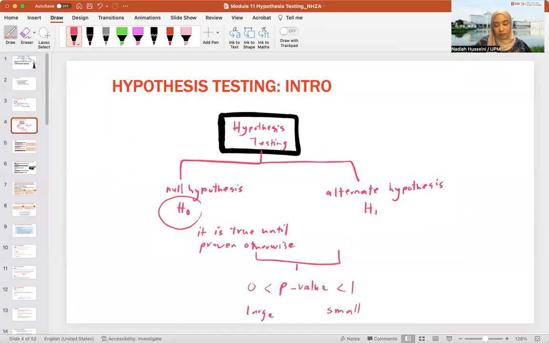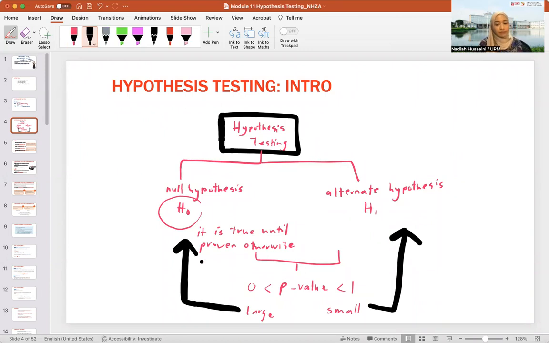Okay, so if my p-value is small, I'm going to accept my H1. If my p-value is large, I'm going to accept the null hypothesis. I can rephrase that statement. If my p-value is small, I can reject the null hypothesis. If my p-value is large, I can accept my null hypothesis as possible.